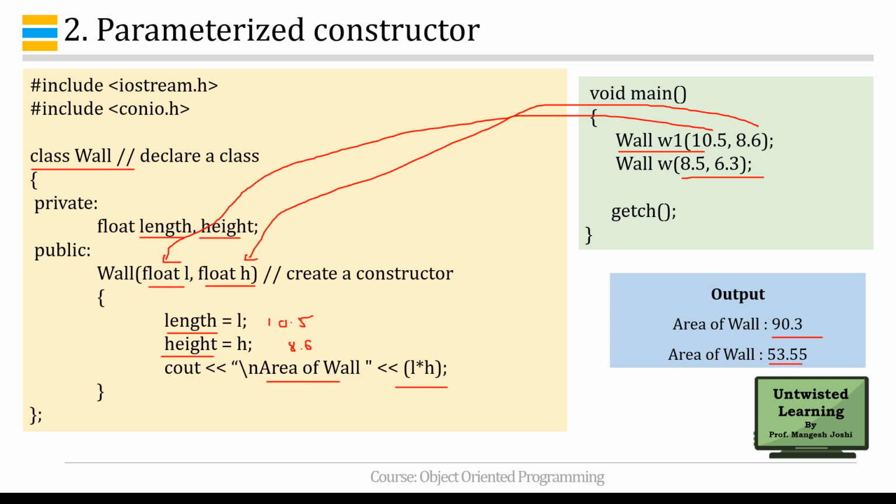Suppose there are three arguments. You can have multiple constructors, right? Multiple parameterized constructors. So you may have, suppose, volume of a cube.